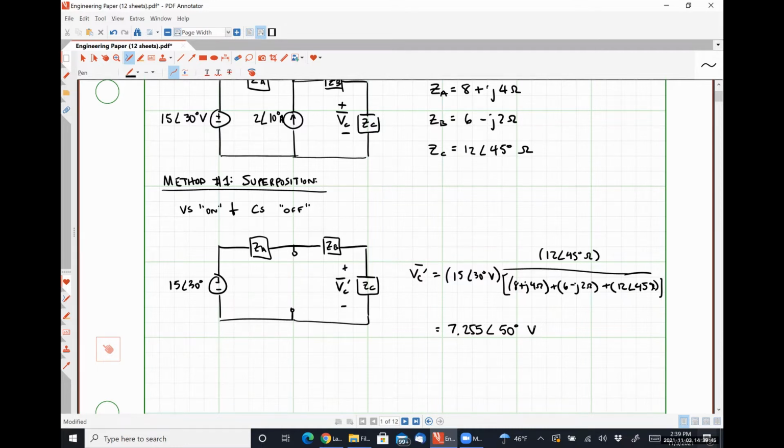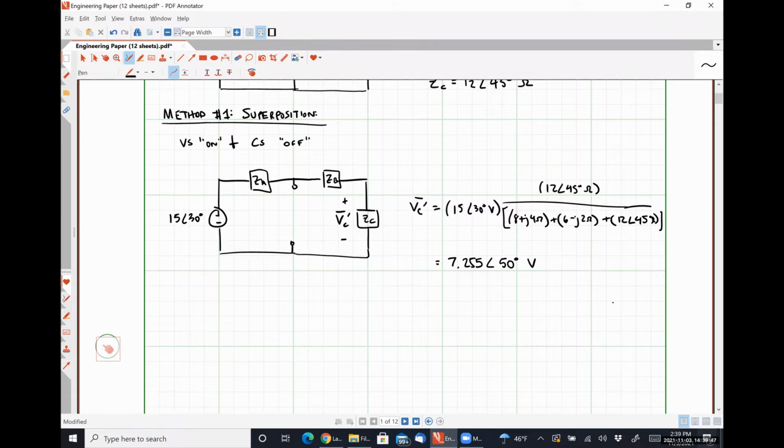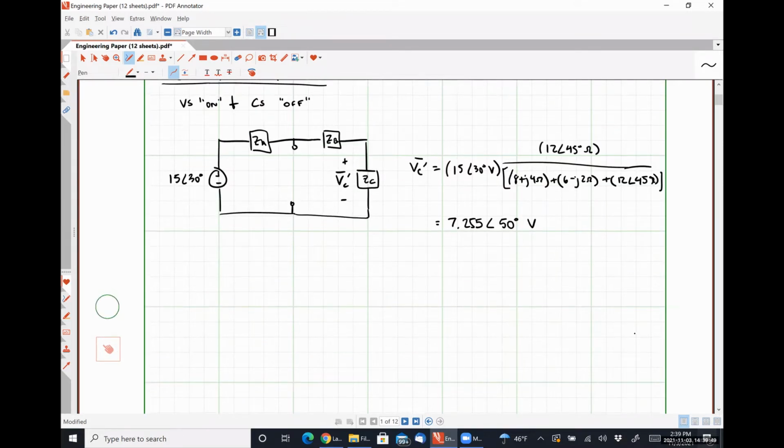All right, let's move along and say that VS is off and the current source is on. So to turn our voltage source off, we short it out. So we're just going to have ZA over here.